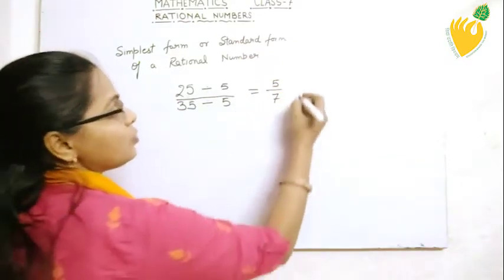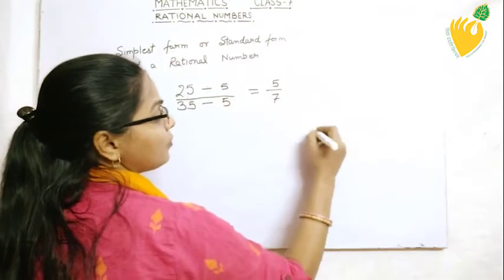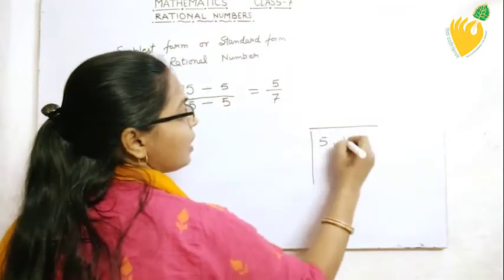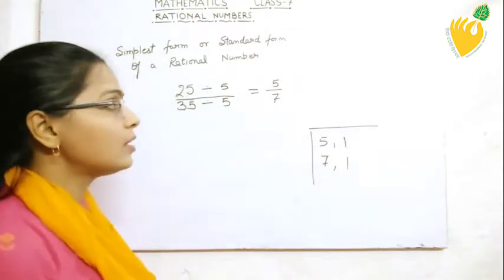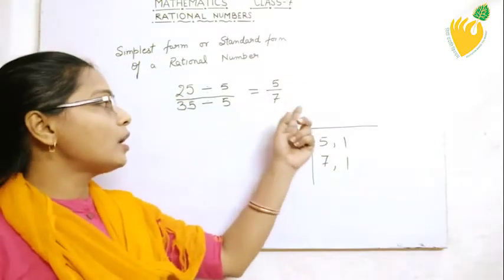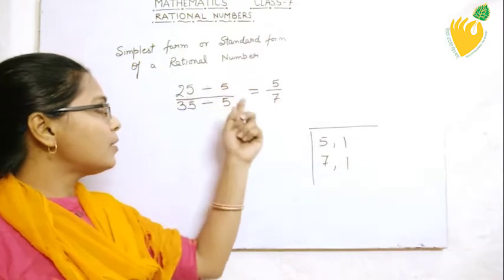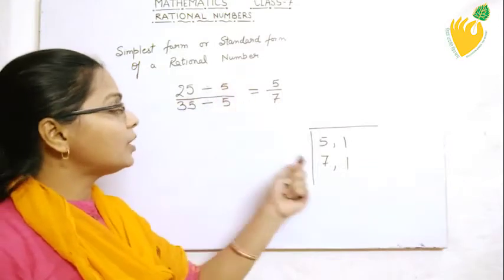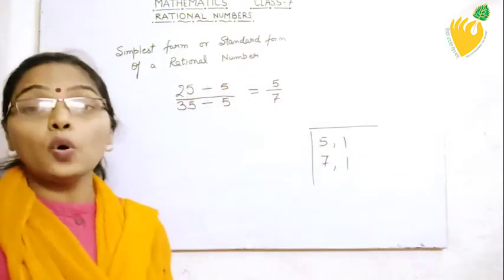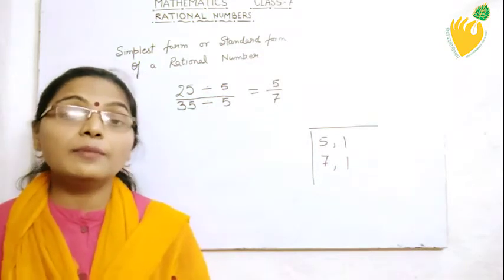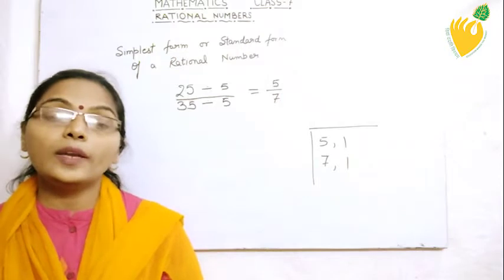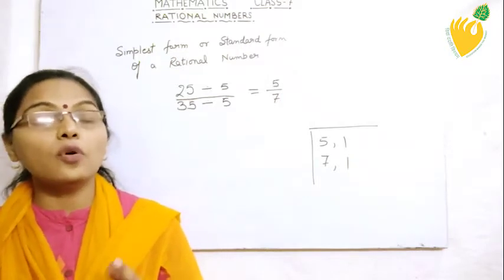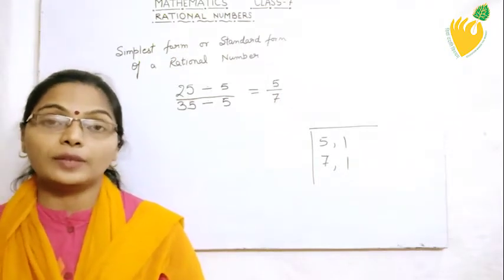What are the factors of 5, students? The factors of 5 are 5 and 1, and the factors of 7 are 7 and 1. So which factors do they have in common now after this division by 5? Only 1 is common. So students, a rational number is said to be in the simplest form or in the standard form when the numerator and denominator have no common factor other than 1.